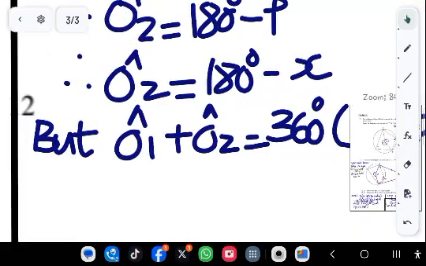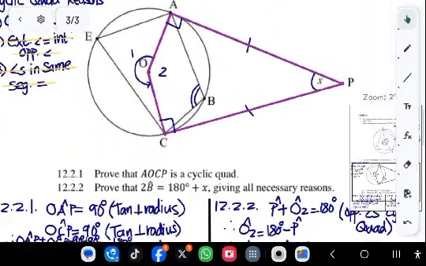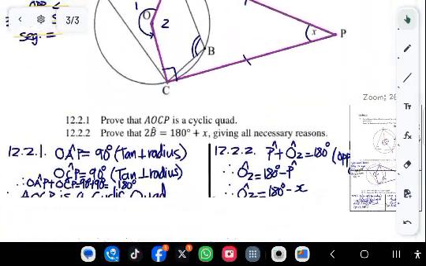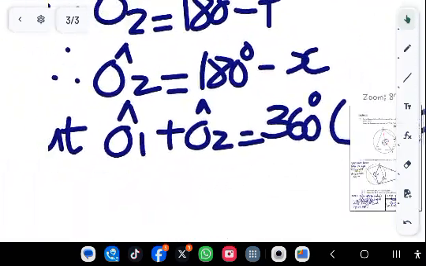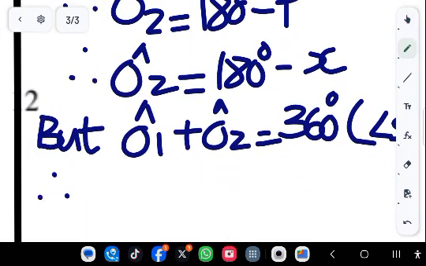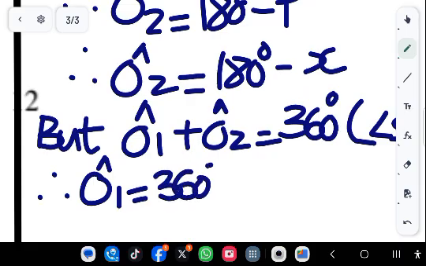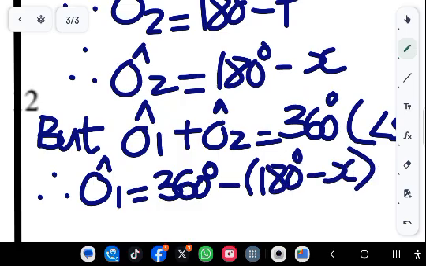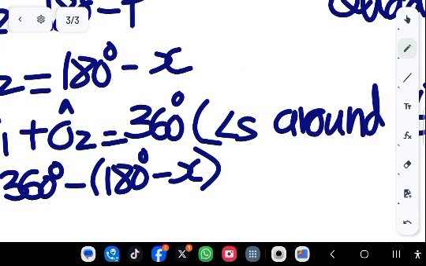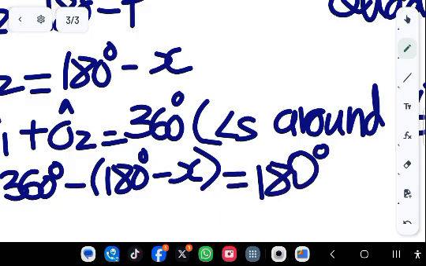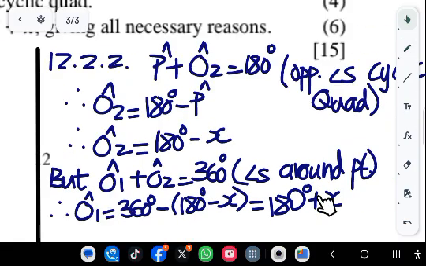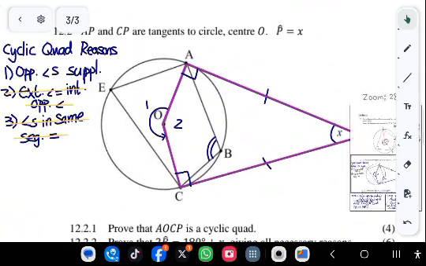Therefore, angle O1, which is the size that we're looking for, is equal to 360 degrees minus (180 minus X), which gives us what? 360 minus 180, so that will be 180 degrees minus negative X, plus X. There. So angle O1 equals 180 degrees plus X.